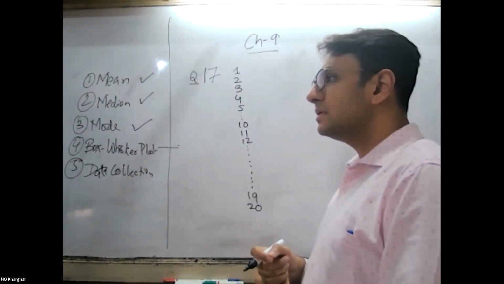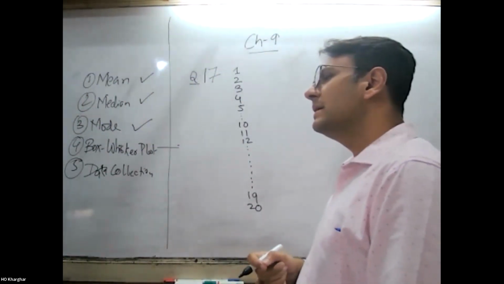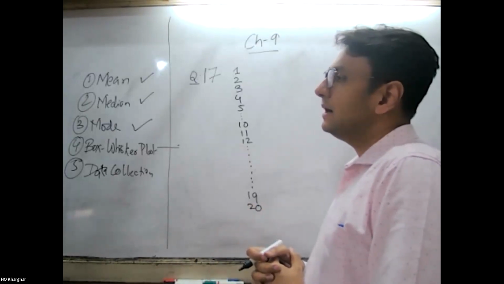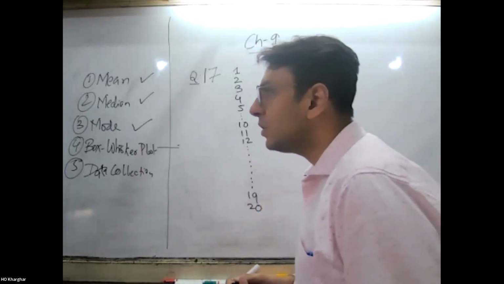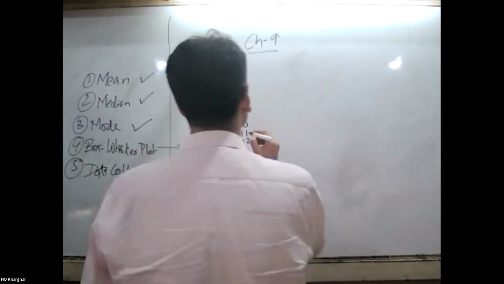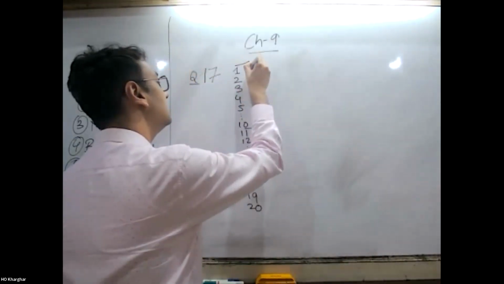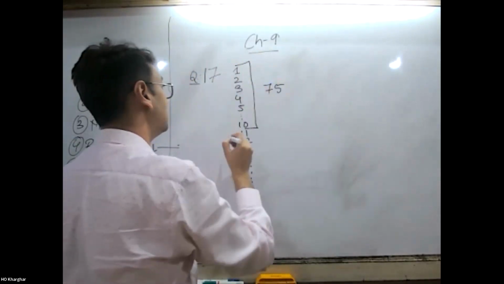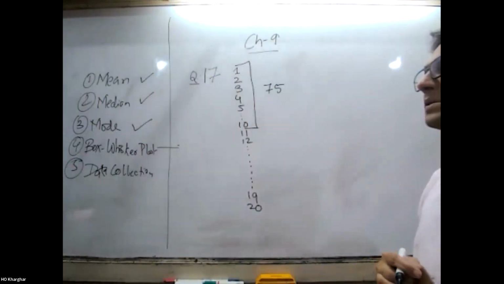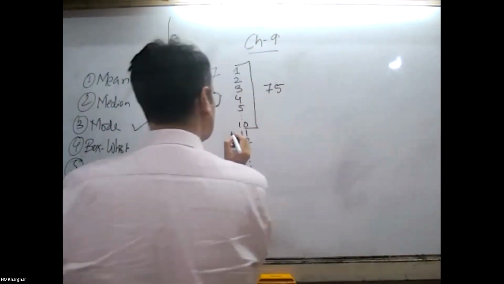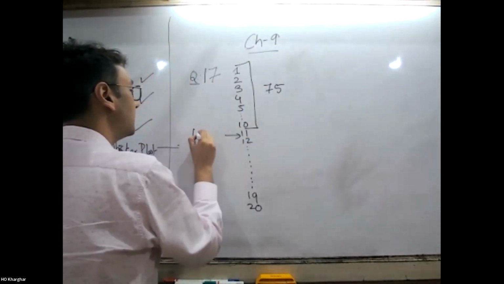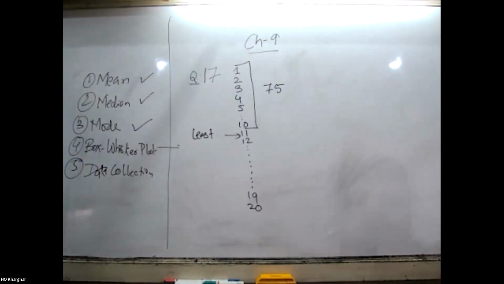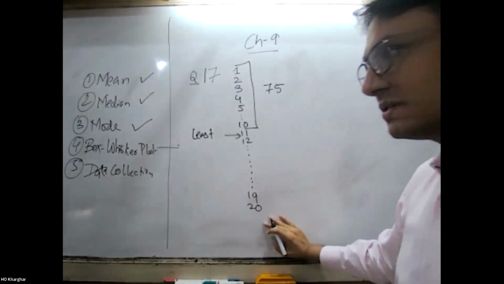In the first 10 ratings, the store received an average of 75. What is the least value for the 11th rating, given that the overall average for the first 20 ratings was 85?